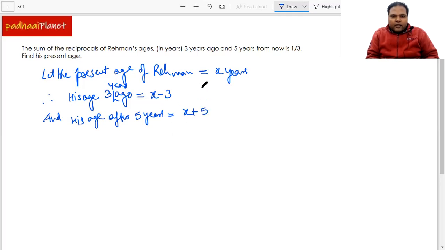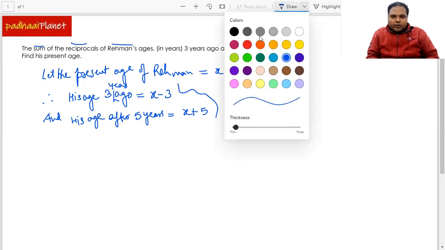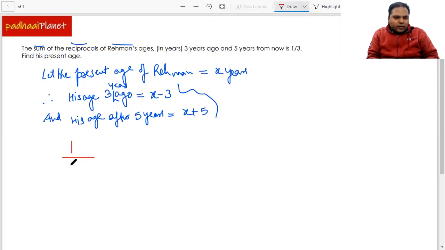Now what they are saying is that the sum of the reciprocals of these two ages, right? So we'll simply put the reciprocals of these two, that is 1 over x minus 3 plus 1 over x plus 5. So the sum of these reciprocals is equal to 1 over 3, right?